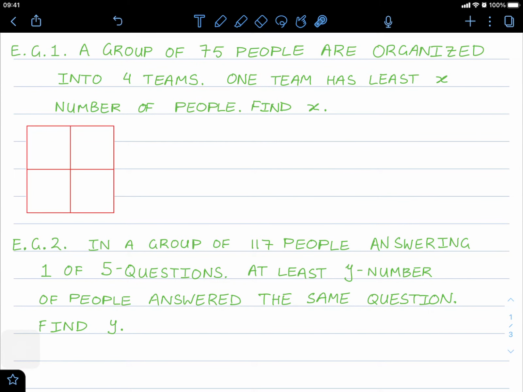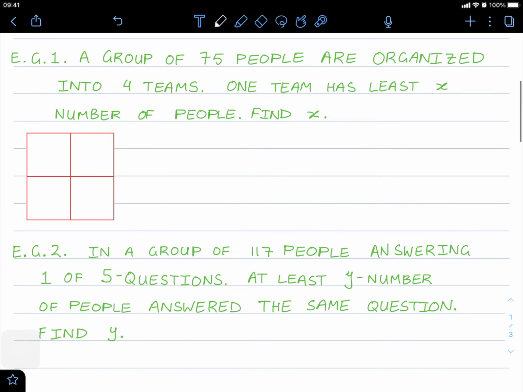So, a group of 75 people are organized into 4 teams. One team has at least X people. Find X. Well, in this case, if we were to try and simulate this, here are the 4 teams.